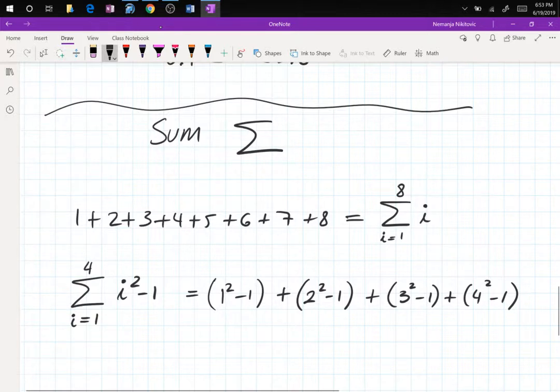I got the 4 terms from 1 through 4, and you can see that the value of I is the one that went 1, 2, 3, 4, right? So now you compute each one of these. You have your values. The first one is 0, plus 3, plus 8, plus 15, for the total of 26.